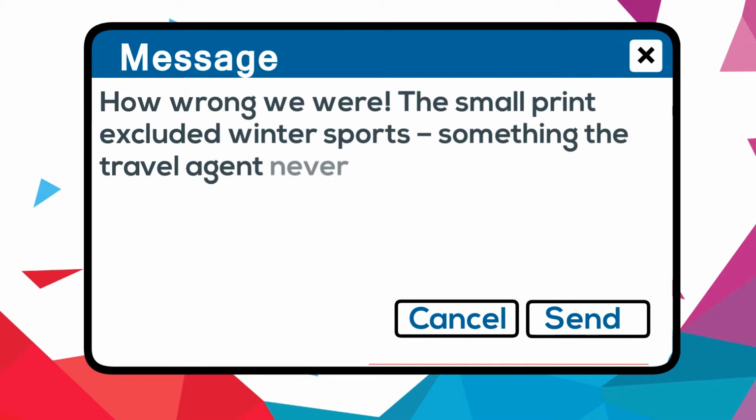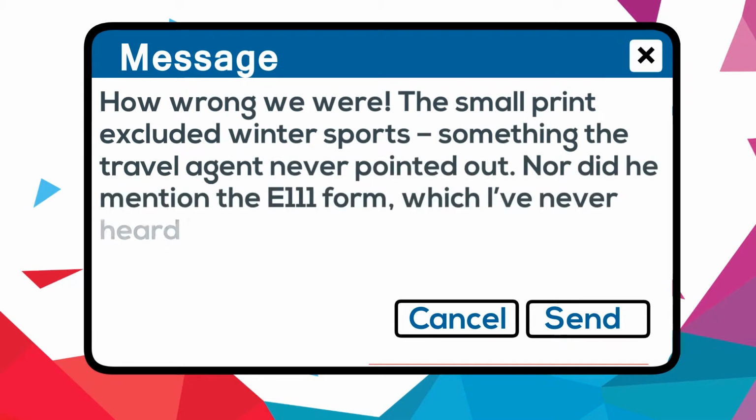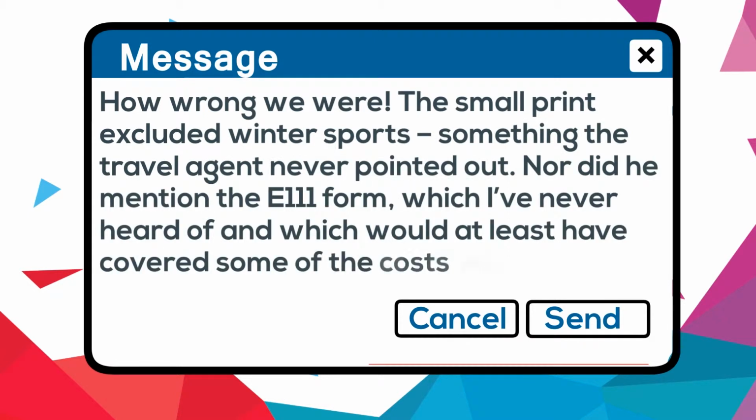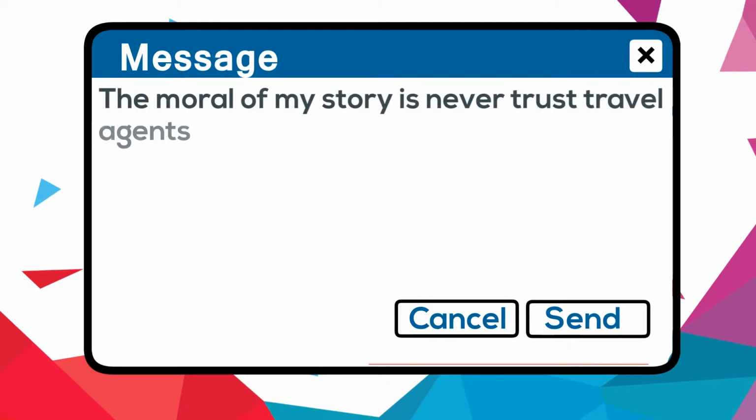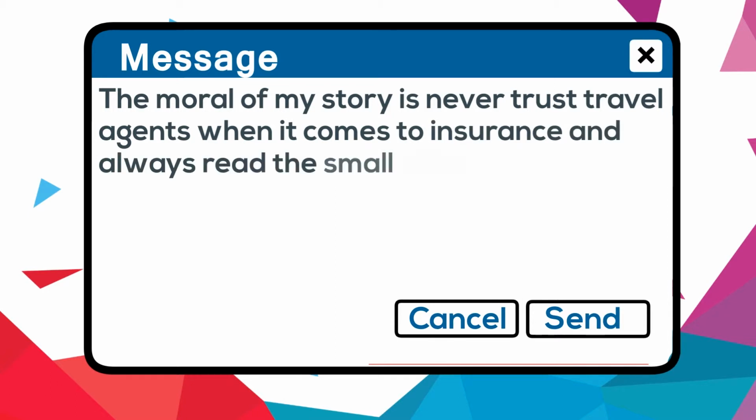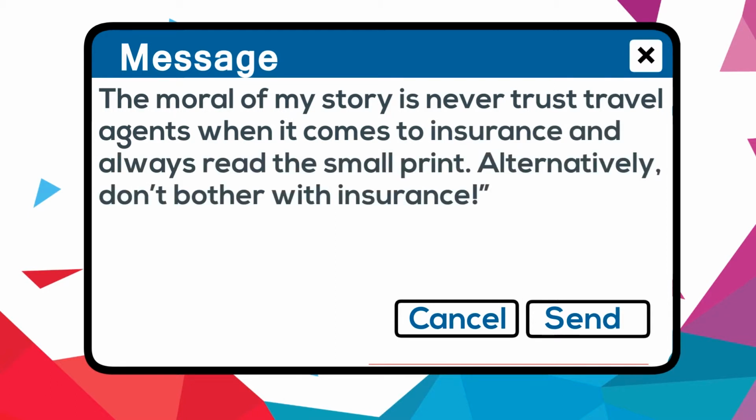The small print excluded winter sports, something the travel agent never pointed out, nor did he mention the E11 form, which I've never heard of and which would at least have covered some of the costs we incurred. The moral of my story is never trust travel agents when it comes to insurance, and always read the small print. Alternatively, don't bother with insurance. And scan down until you find the bit where Eddie gives his opinion on the importance of obtaining travel insurance and highlight it.